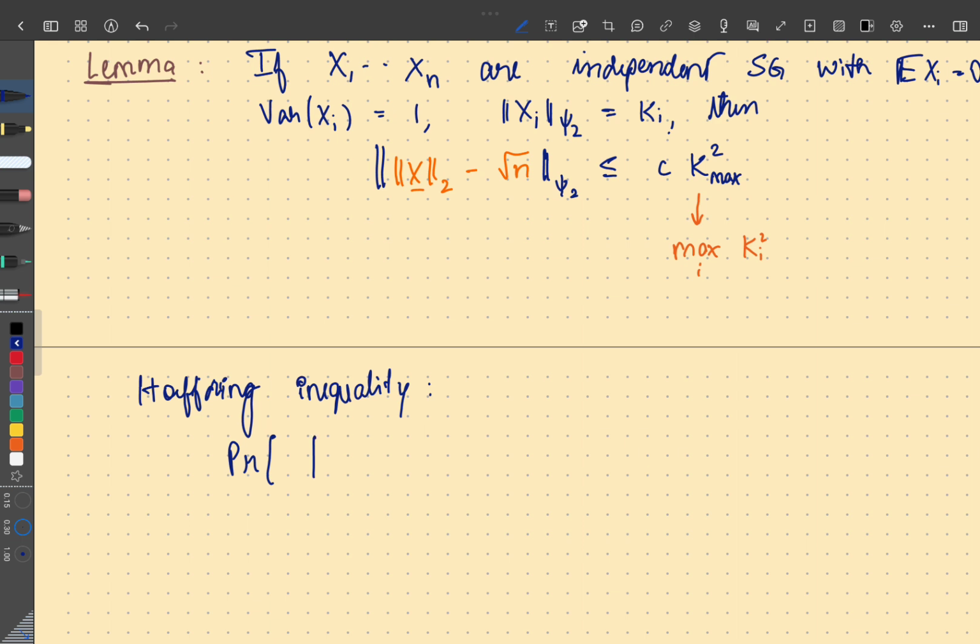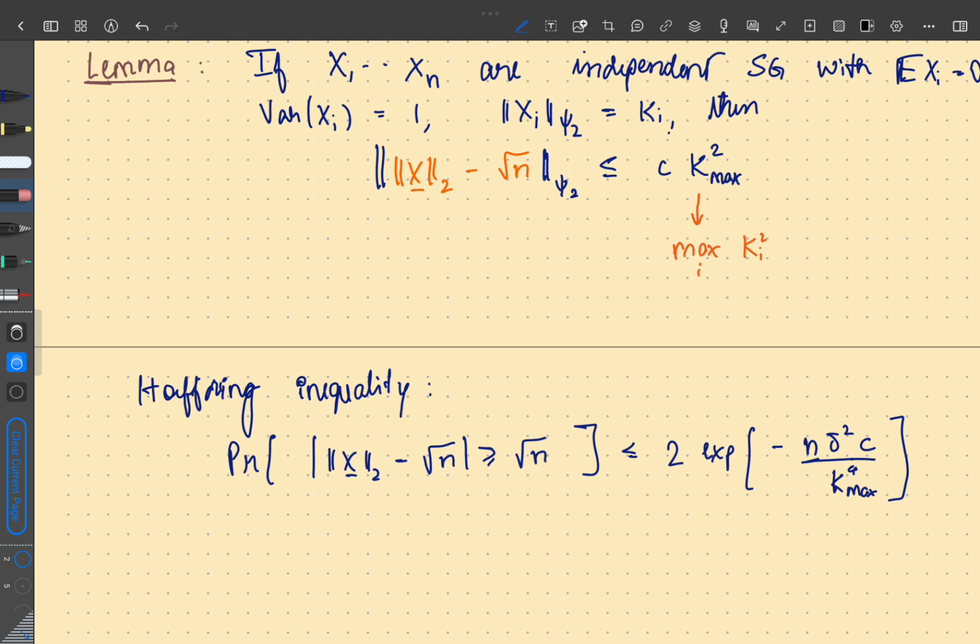So the probability that the L2 norm of the vector X minus square root of n exceeds some square root of n times delta is upper bounded by 2 times e to the power of minus n delta squared times some universal constant divided by k max to the power 4.